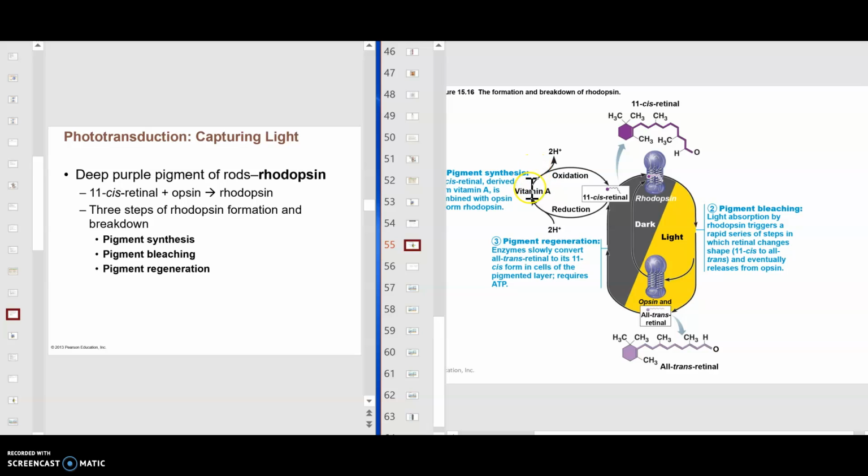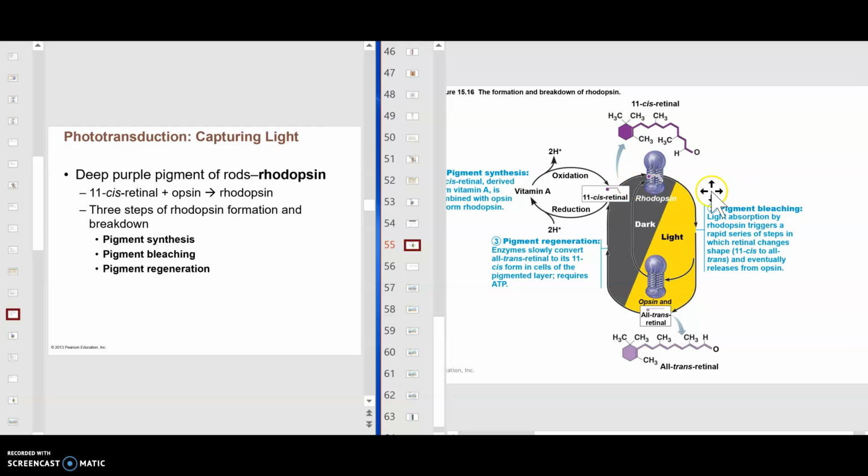Okay, and here's vitamin A converting to this 11-cis, which is a process of oxidation. Oxidation is removal of electrons, but hydrogens can go too, hydrogen protons, hydrogen ions. When you do that, then the 11-cis retinal can combine with the opsin, the protein.